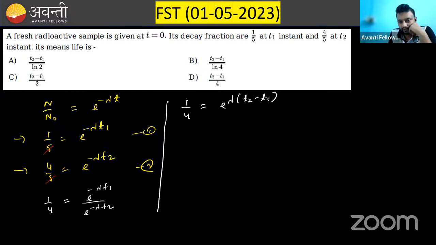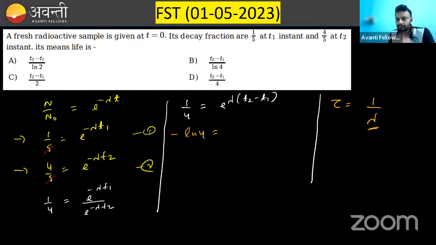Now taking log. The question is asking us what is the mean life. If they are asking us the mean life, then you should remember mean life is nothing but 1 over lambda. So for the whole process, I need to calculate lambda. If I take log, it will become ln 1 by 4, or you can say ln 1 minus ln 4, that is 0 minus ln 4 is equals to lambda t2 minus t1.